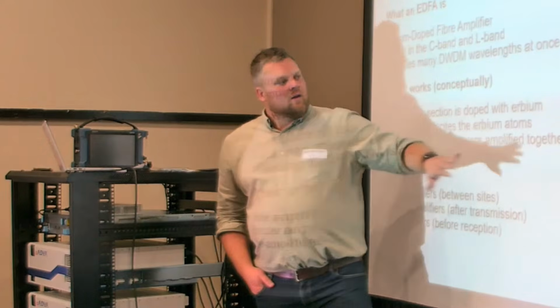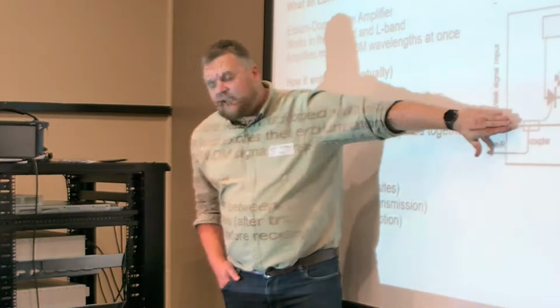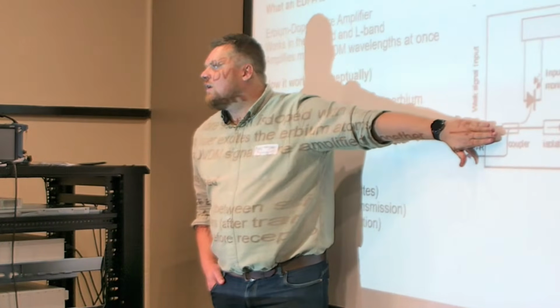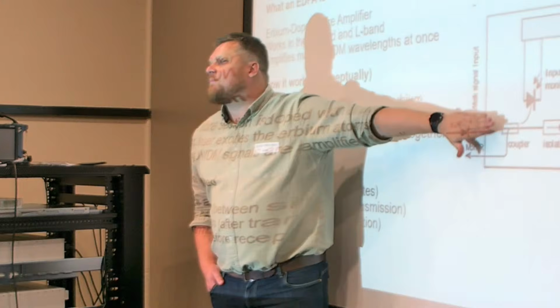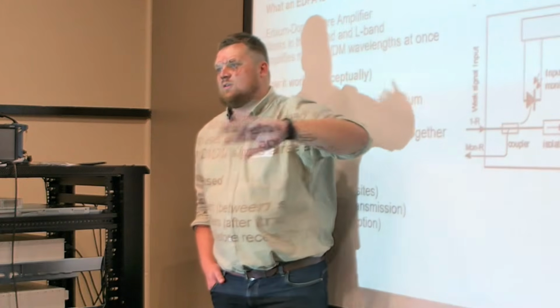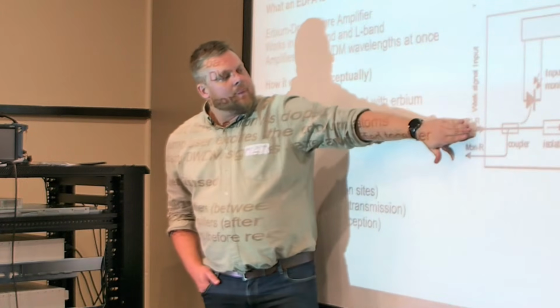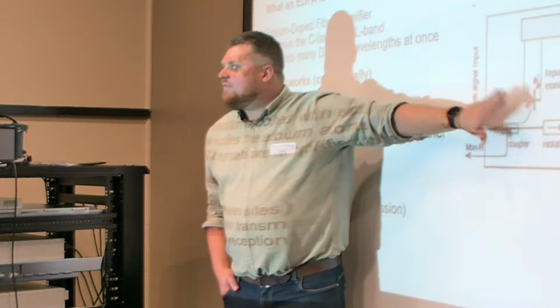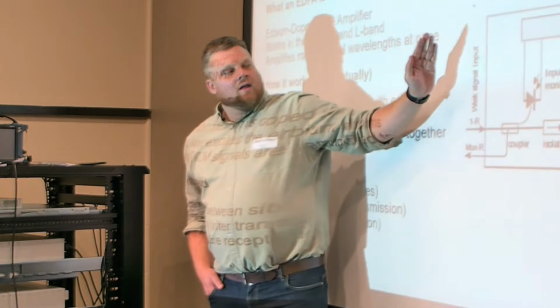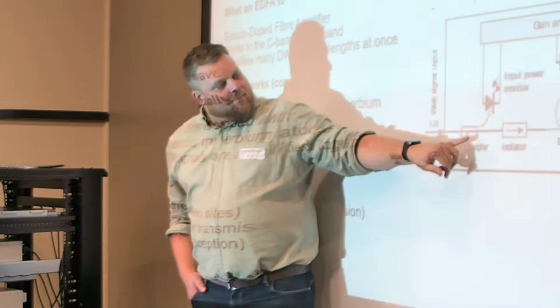But so what happens is, basically, if you look at an amp, you have your receive side, so coming from the filter, or the line side, depending on if it's a preamplifier and booster amplifier, and I'll touch on the difference between the two. You'll have your signal received unamplified on the left. Then you'll have a coupler.